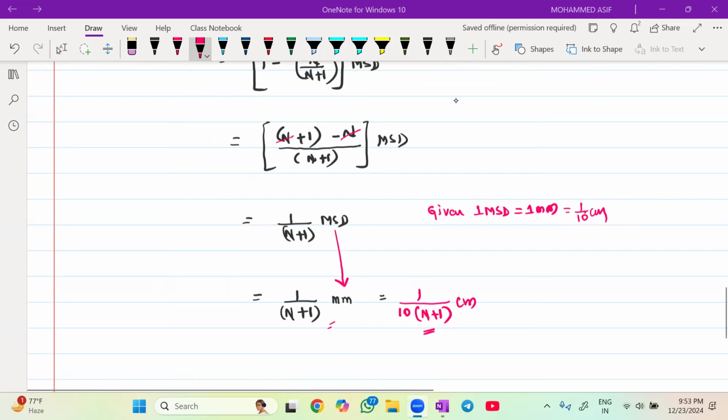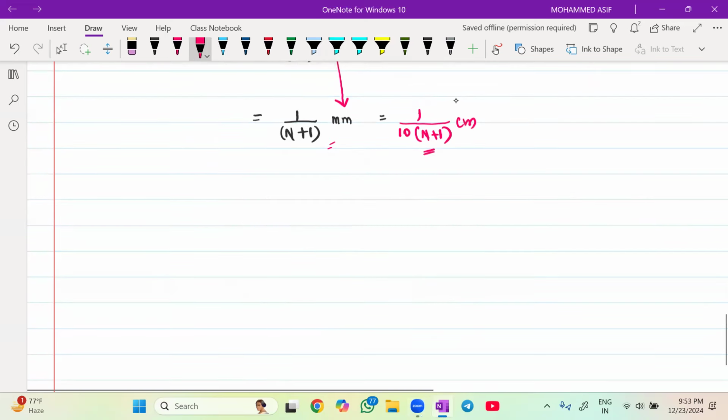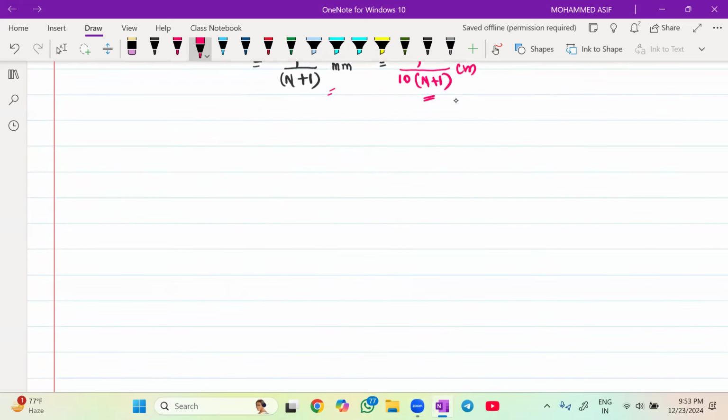Shall I do one more problem based on this? Sure. See this question. A vernier caliper has 1 mm marks on the main scale.